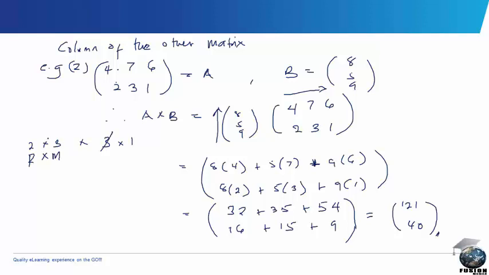So you find out that 3 cancels 3 and then it gives you a 2 by 1 matrix. That is why we have 2 rows and 1 column. So the number of rows, the ones that become identical, cancels out, and you are left with this is row and this is column.